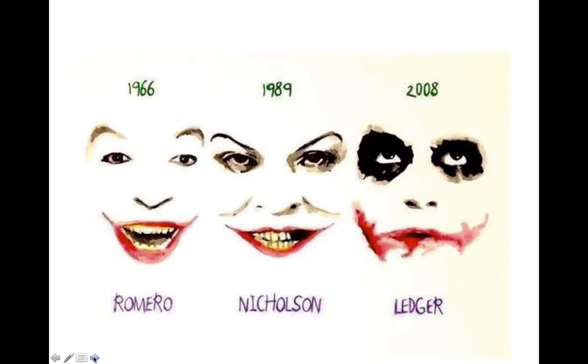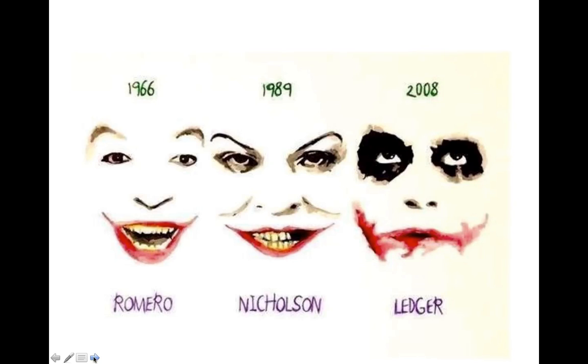Then we get to the Tim Burton version from 1989, which had Jack Nicholson as the Joker, which was a much, much darker and much more sinister portrayal. And Tim Burton, this was 1989, so he was borrowing from the graphic novel that we're studying, which is again considering Batman in a much darker sense than we'd seen him previously.